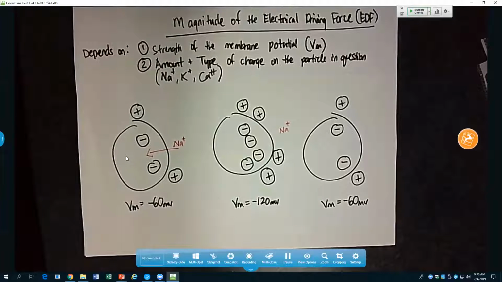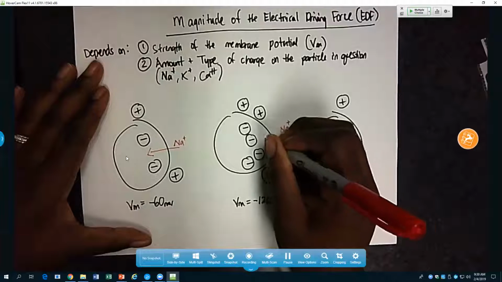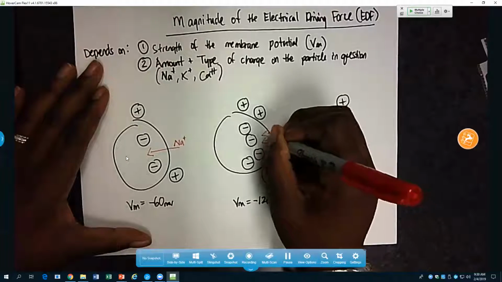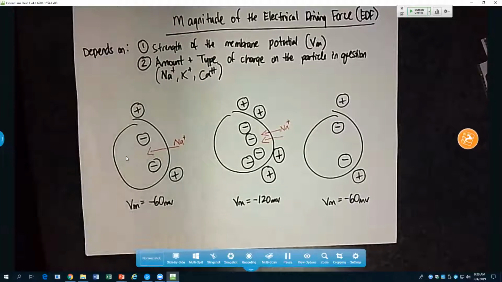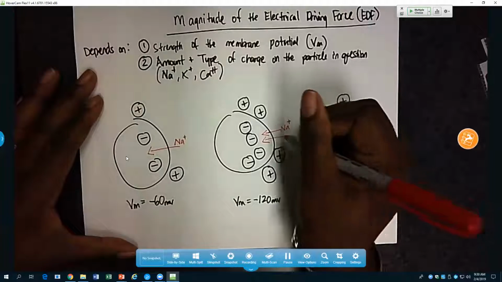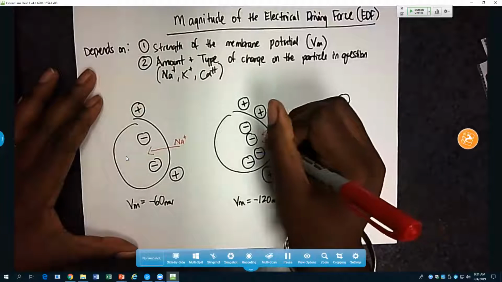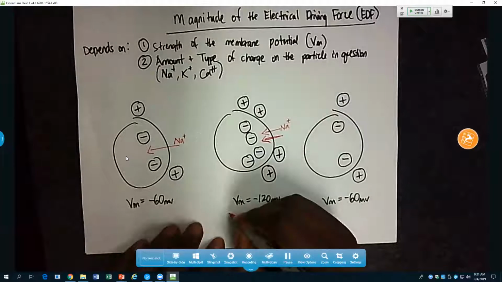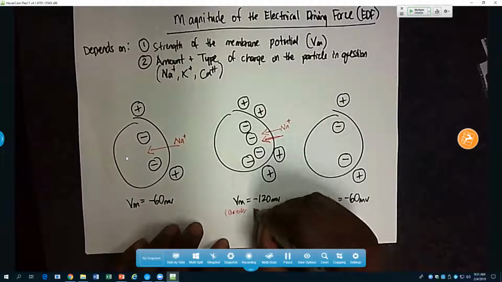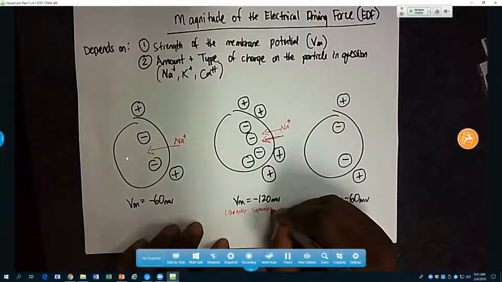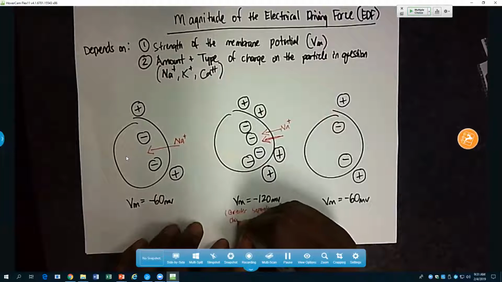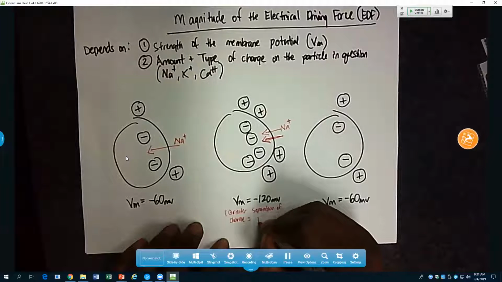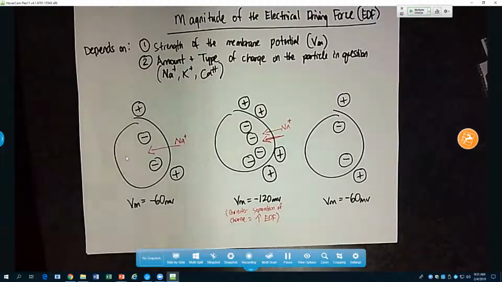Right, sodium really wants to get inside. Because of that greater separation in charge, we have a stronger magnitude of the electrical driving force here. All right, and I put 2 arrows to indicate that stronger force. Okay, so here I'll say greater separation of charge equals a stronger or greater electrical driving force.